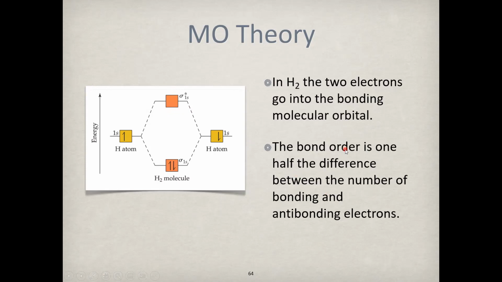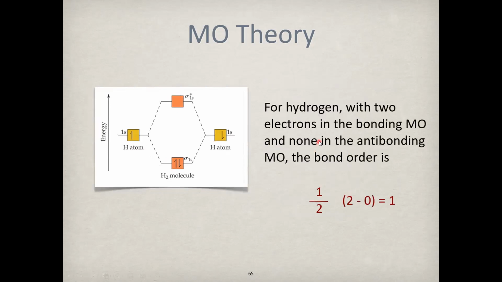So we can look at what's known as bond order, which is half of the difference between bonding electrons and anti-bonding ones. For hydrogen, we've got two bonding electrons and zero anti-bonding electrons. So 1/2 of the difference of two just gives us one. And that's why hydrogen just forms a single bond.